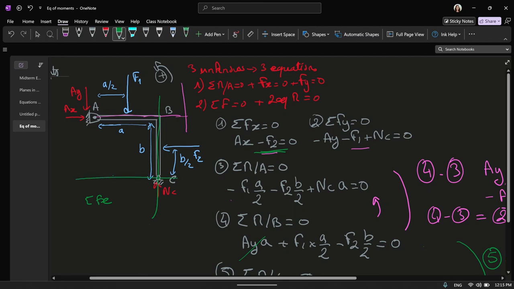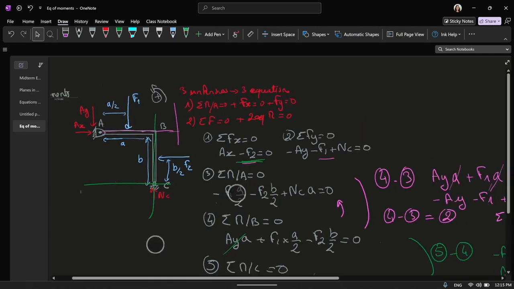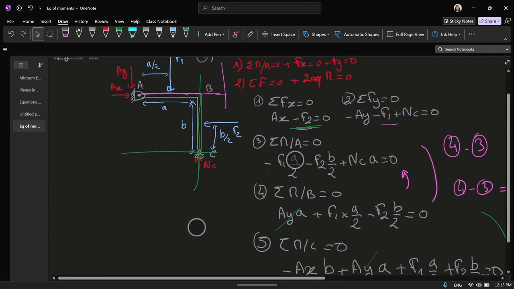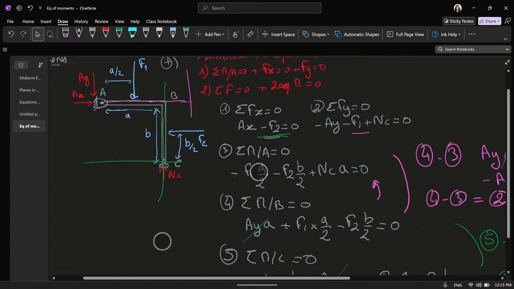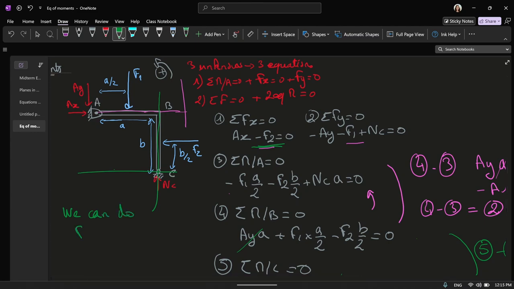So if we do the sum of the forces on x, at the end, what we can do, let me write it below that, we can do force on x plus moment about A plus moment about C, because A and C are not perpendicular to each other.